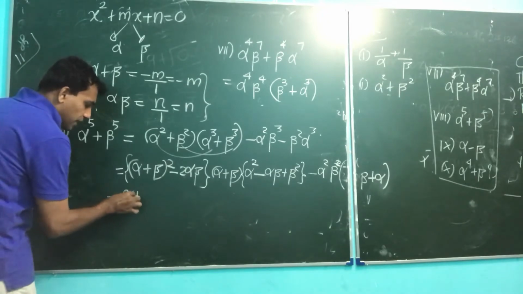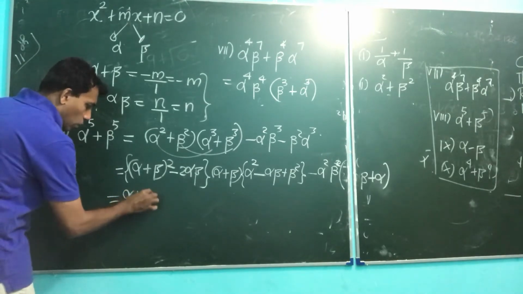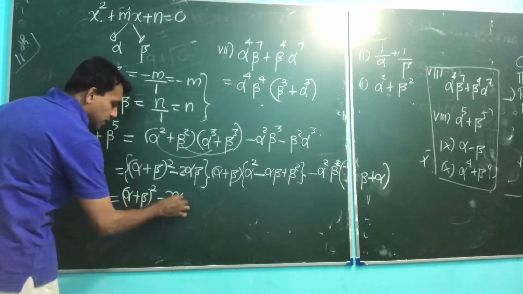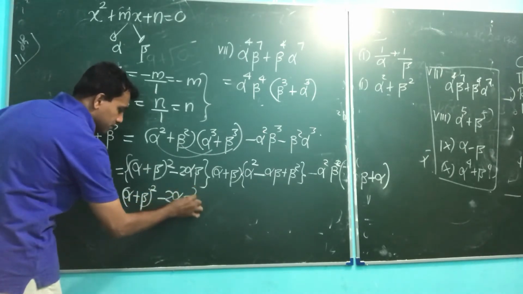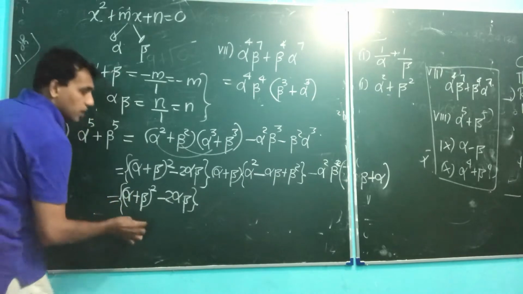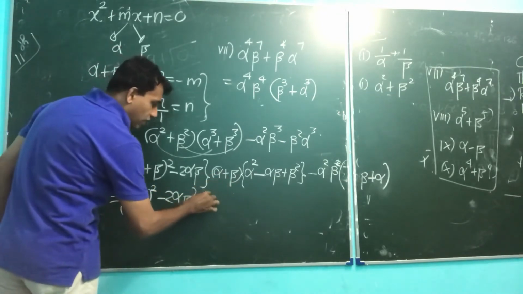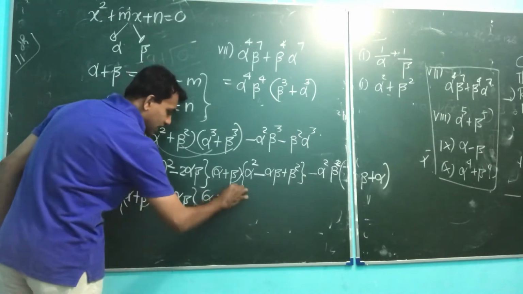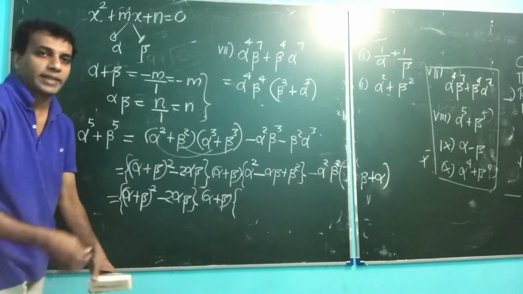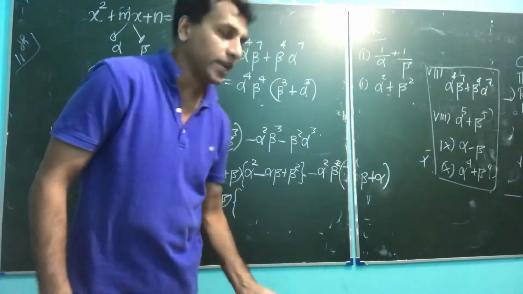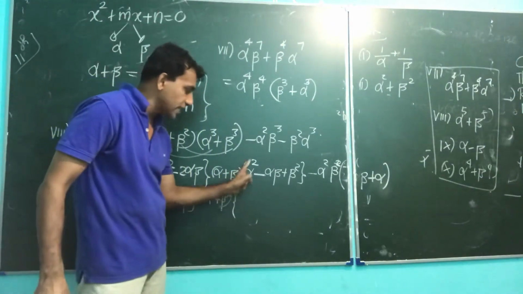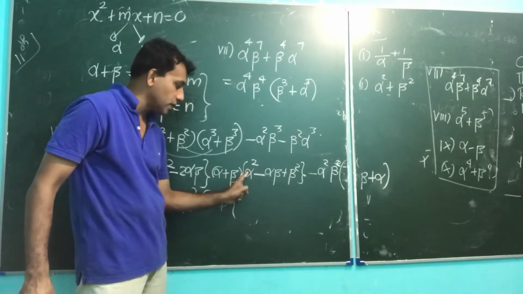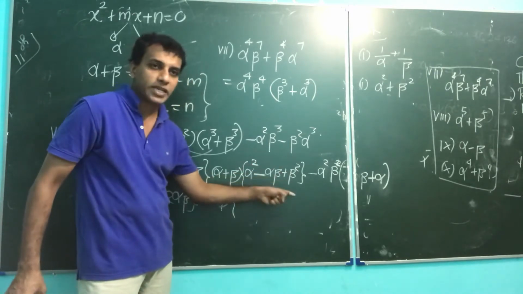Alpha plus beta completely square minus 2 times alpha beta. And here alpha plus beta. So the same thing comes once again, right? Once you show, don't forget the method. Same values repeat. See here, first and the last, the most popular part in this quadratic equations chapter: alpha square plus beta square.